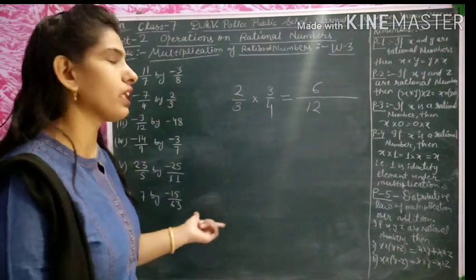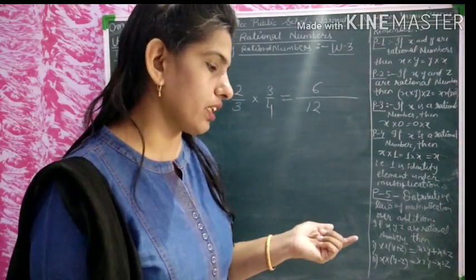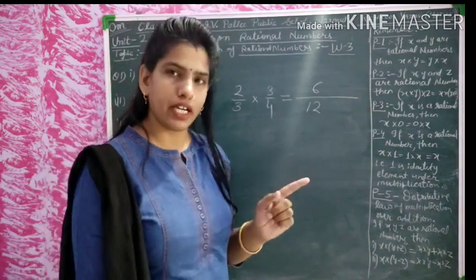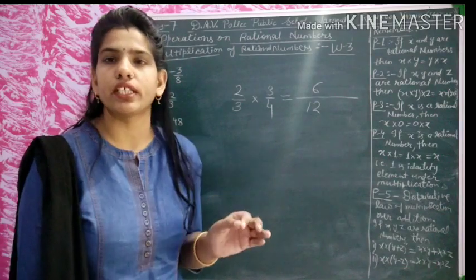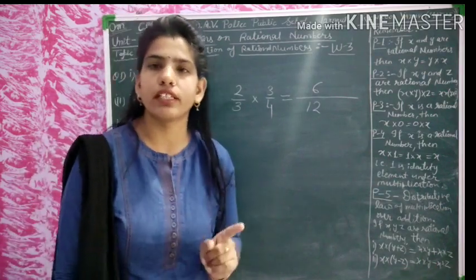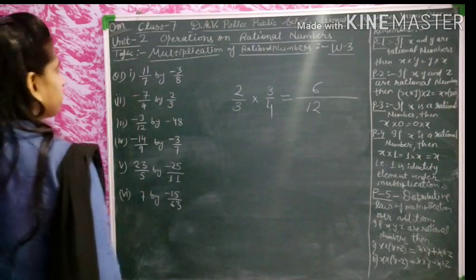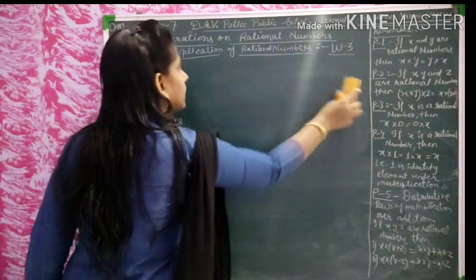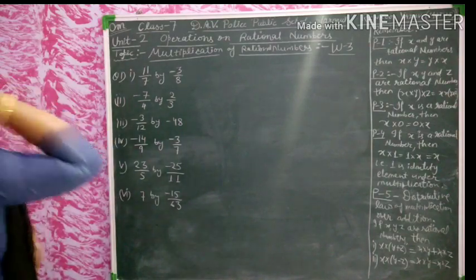Now we will solve all the questions. The question is asking to multiply and express the result as a rational number in standard form. You have to convert to the standard form also. So students, let's see the questions. The first question is 11 by 7 multiplied by minus 3 by 8.